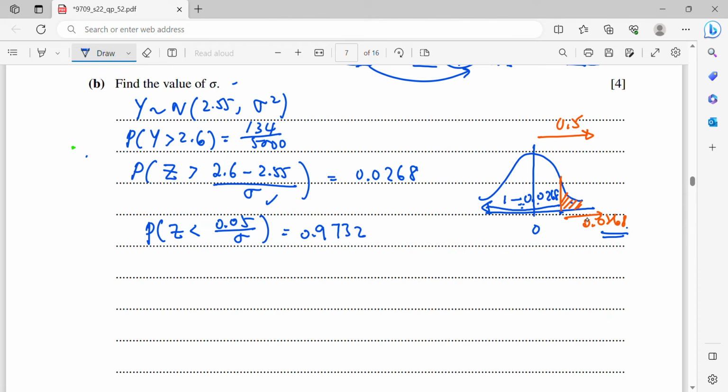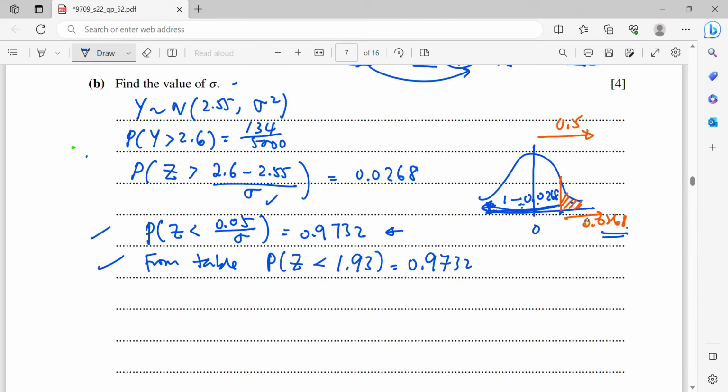When you get the region towards the left hand side, you can refer to the normal table. So now you can just write from table: P(Z less than 1.93) is 0.9732.